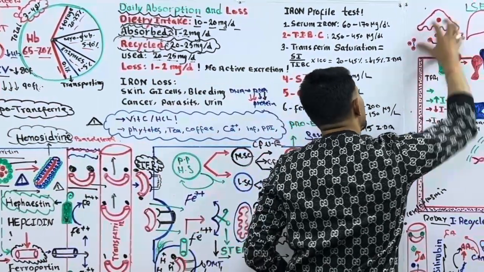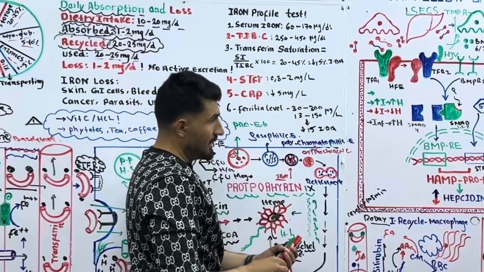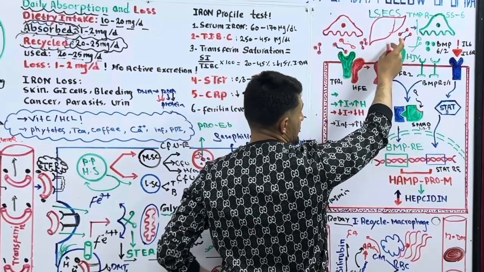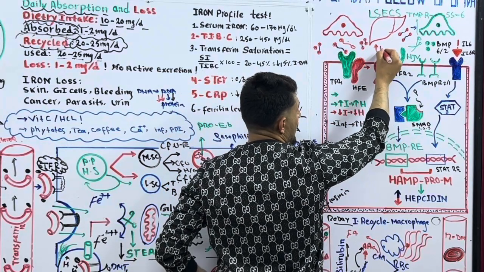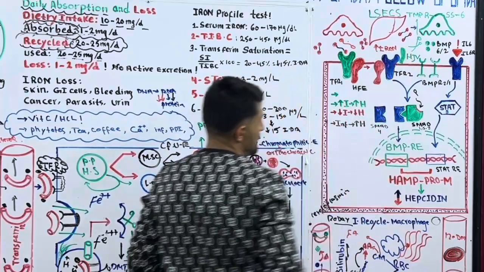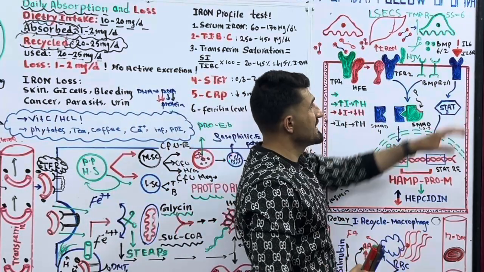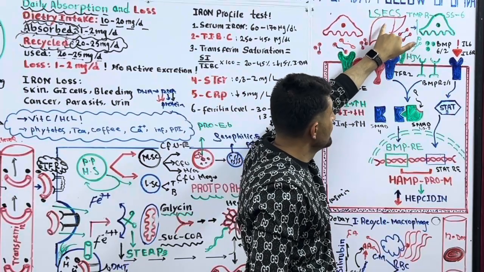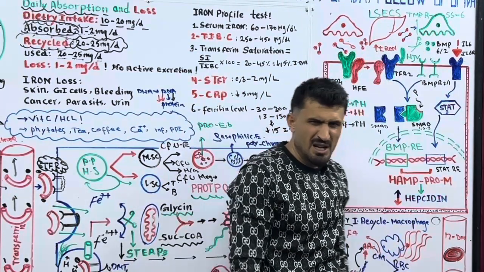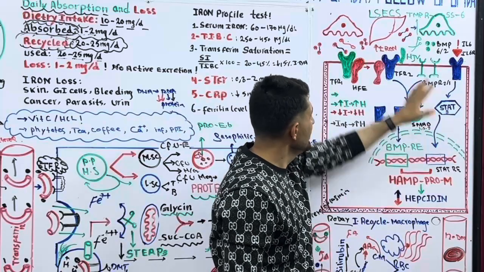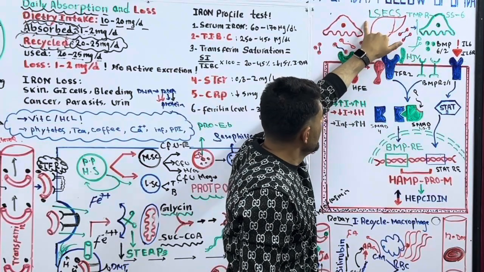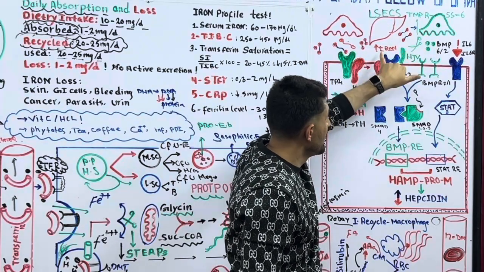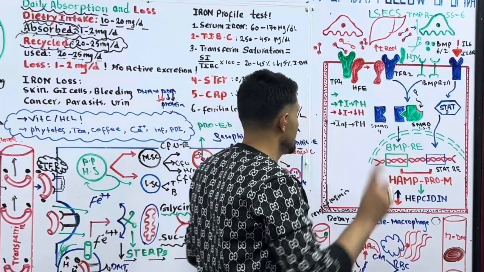So when we have more iron inside our body, or inside the circulation, it stimulates some cells inside our liver which are called liver sinusoidal endothelial cells. Don't memorize the long term, only memorize the shortcut form. Liver sinusoidal endothelial cells will be stimulated by a high amount of iron. Okay, now this is one point.